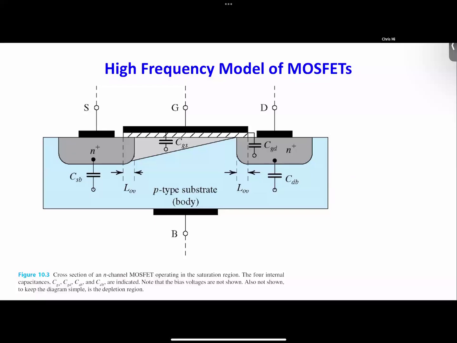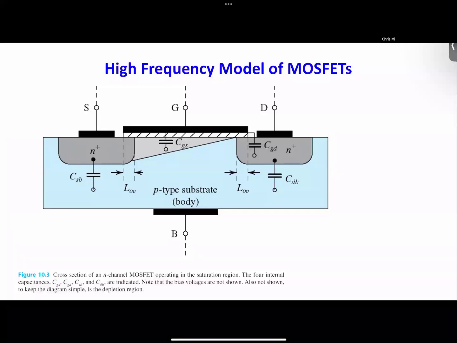So if we treat this as a metal, see how many capacitors you're going to have. Between source and body, there's a piece of metal here, and there's a big piece of conducting material. Therefore, you have capacitance between source and body. And similarly, from drain to body, you have this.